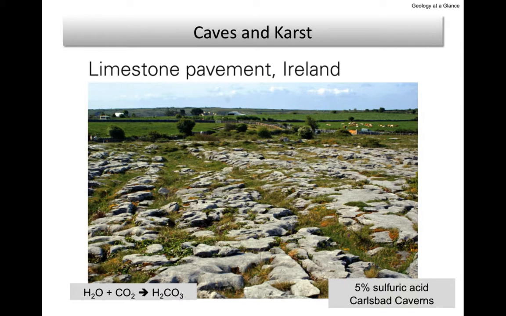So over time, this weak acid, carbonic acid, will dissolve the limestone, the carbonate rock, making these caves, these caverns. Although 5% of the caverns investigated or cave systems are caused by sulfuric acid, which is a different mechanism, probably from volcanic gases, the sulfur gases. And the Carlsbad Caverns in New Mexico were formed by this sulfuric acid.